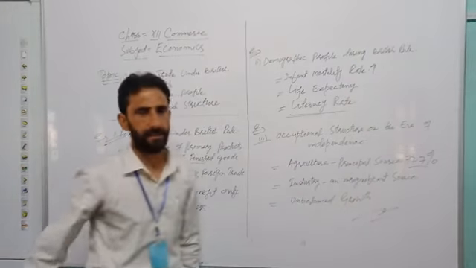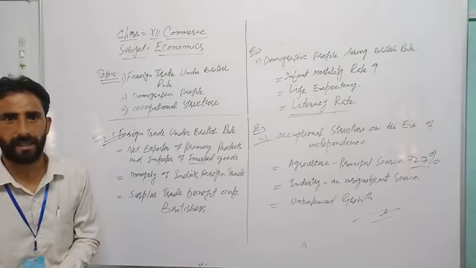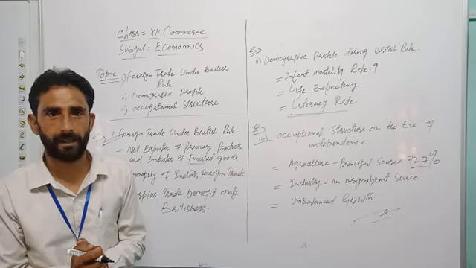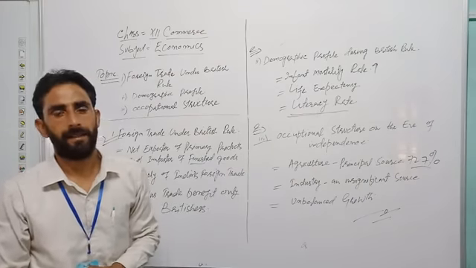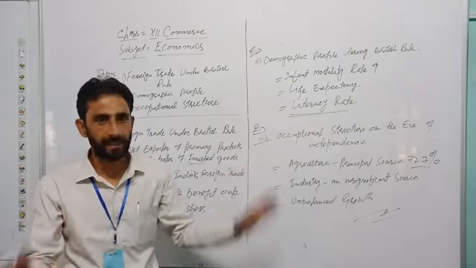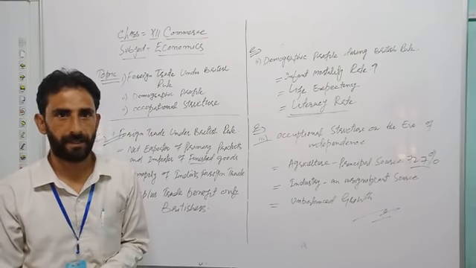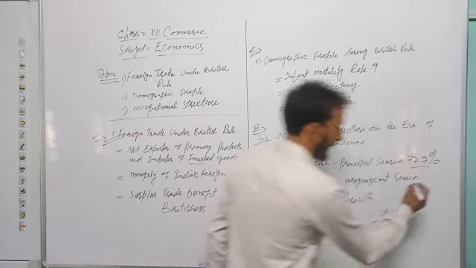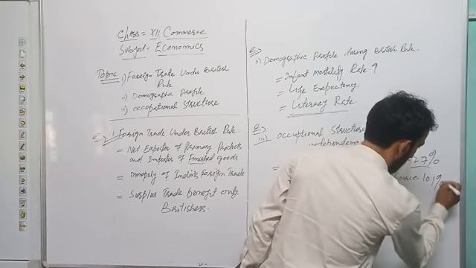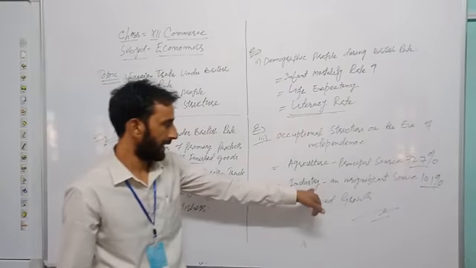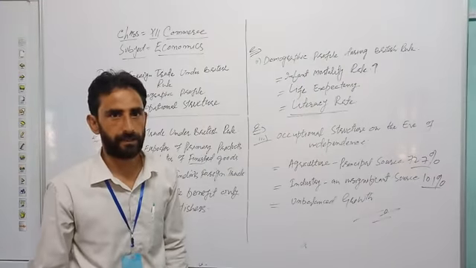And industry: in our previous lecture we discussed that there was no big growth of modern industries. So the industrial sector was an insignificant source of occupation. Only 10.1% of people were working in the industrial sector.